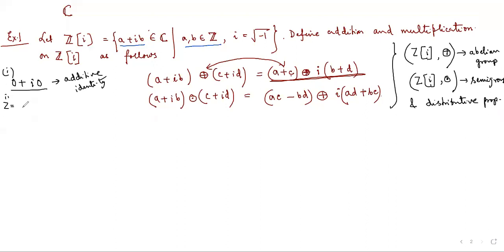Point number 2: if I consider an element like a plus ib, its additive inverse will be minus a plus i into minus b, which we can call minus z, so that z plus minus z becomes 0 plus i0.